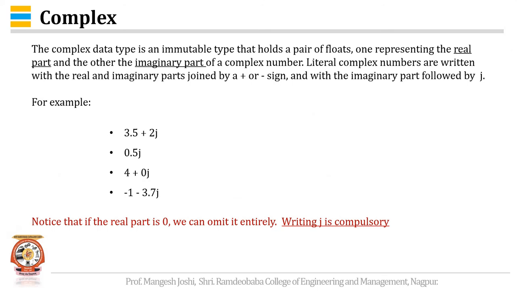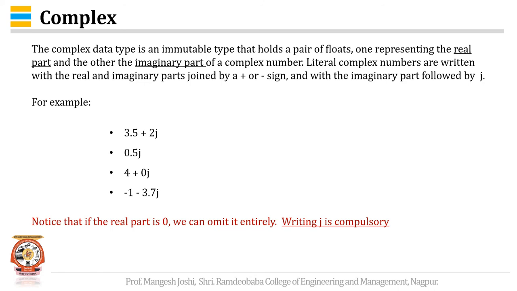Now the second is complex. Complex variables basically consist of two parts: one is called the real part and another is called the imaginary part. In Python programming, complex numbers can be represented like 3.5 is the real part plus 2j is the imaginary part.